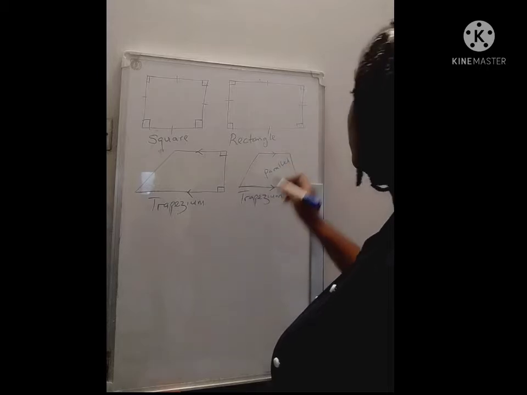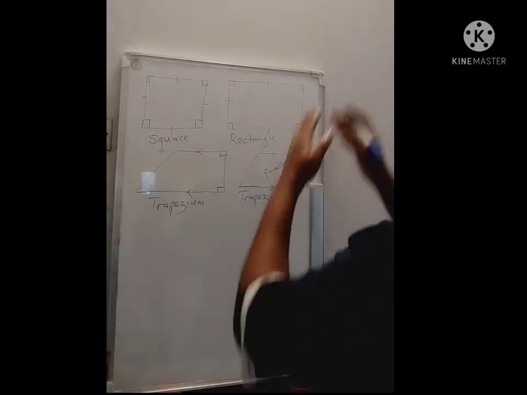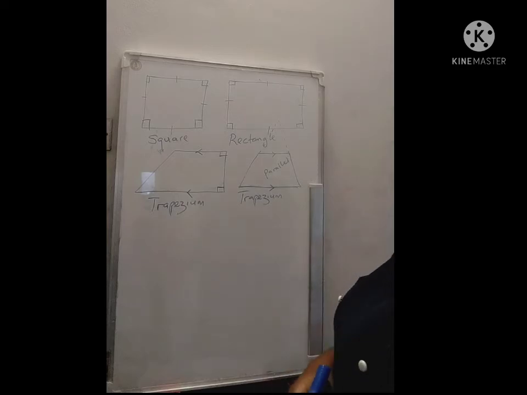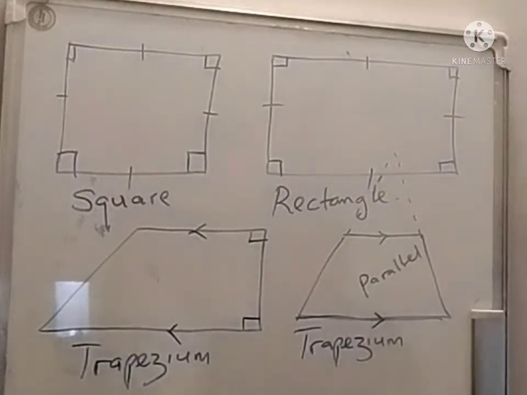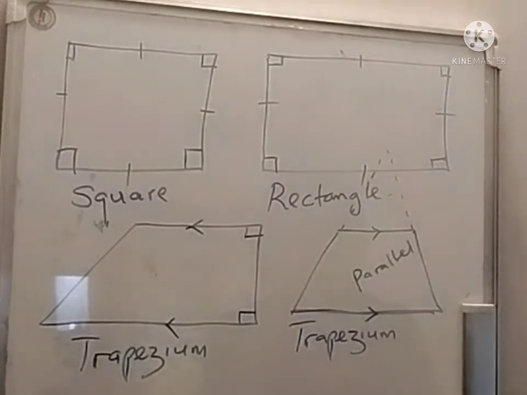They are parallel to each other, while the two other sides tend to meet at an imaginary point. So that's a trapezium.